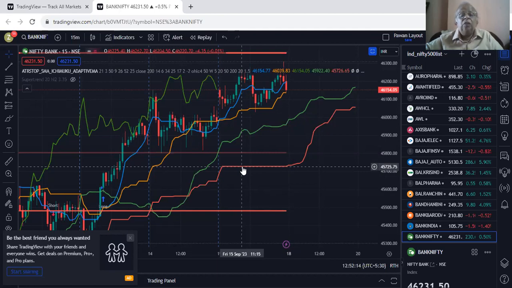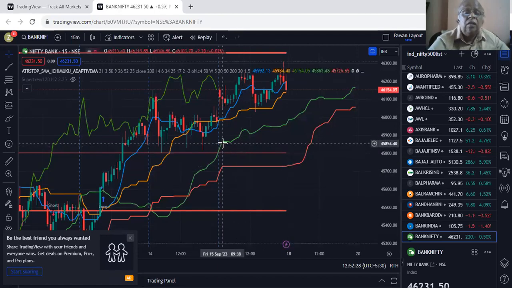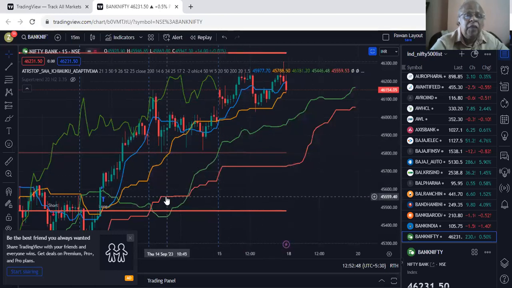So now we will talk about the formation of the cloud, how the cloud is built up in the system. That is the difference of span A and span B. Span A minus span B generates the green cloud, and the difference of span B and span A gives the red cloud.